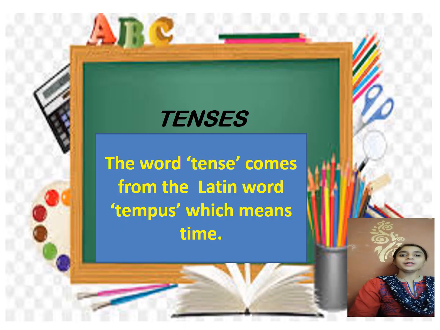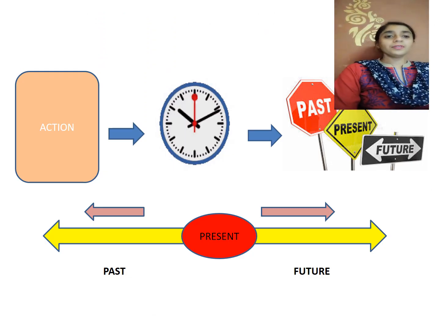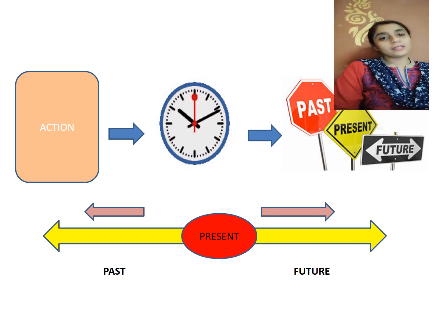Children, the word tense comes from the Latin word tempus, which means time. Children, in this slide you can see that tense is all about when any action takes place with respect to time. And this time could be past, present or future.